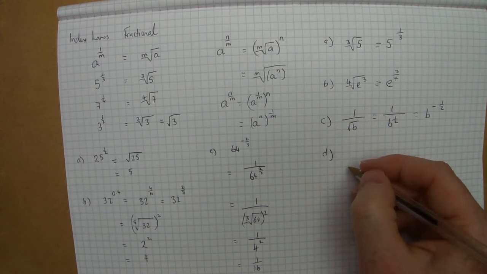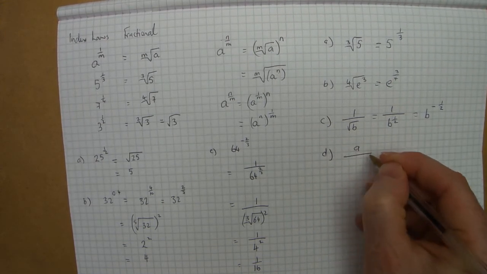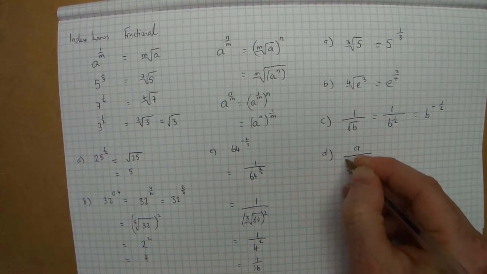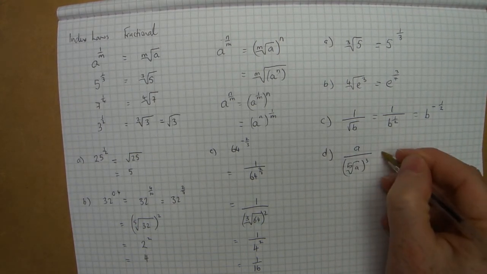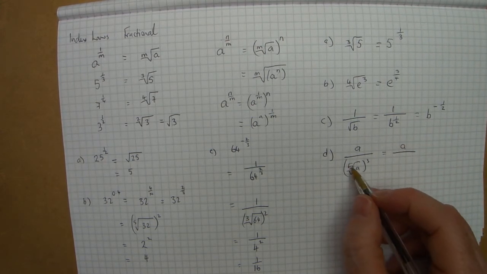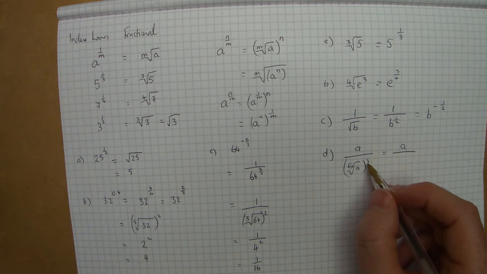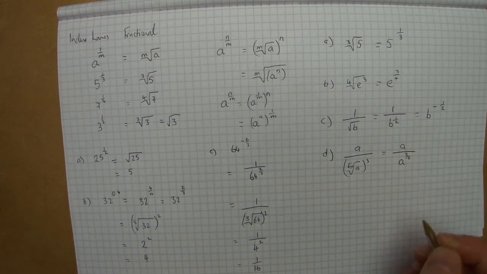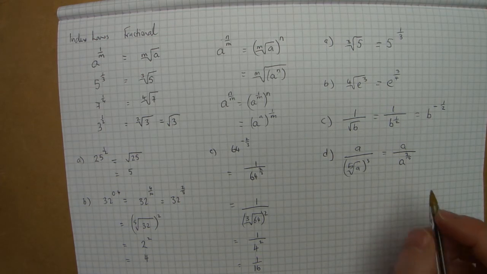Example D, we have a over the fifth root of a cubed. So the denominator, let's work with that. The fifth root, so the root is the denominator, the power is the numerator, so that's going to be a to the power of 3 over 5. There's a couple of ways we could go about this.